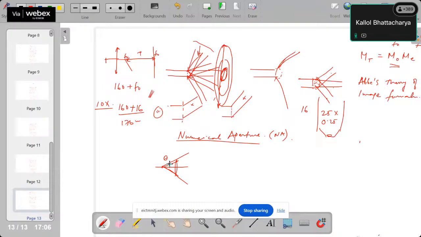This is the semi angle of the cone that this point extends on the lens surface, so that only these rays can take part in the imaging process. The other diffracted rays are lost. So if this angle is theta and the refractive index of the intervening medium is n, then n sine theta is known as the numerical aperture.